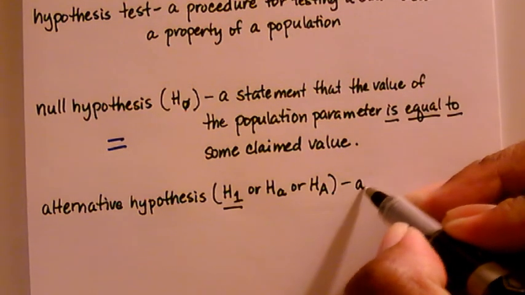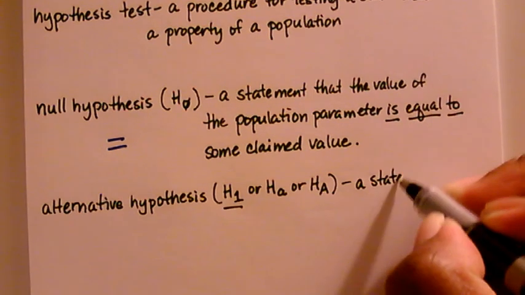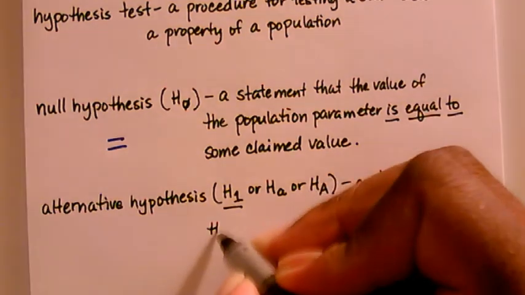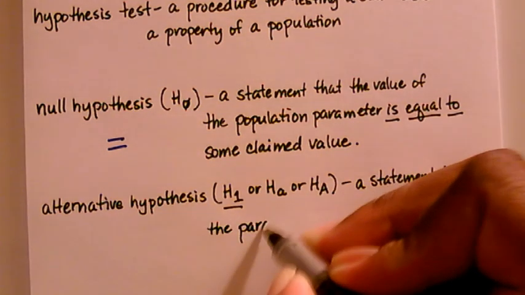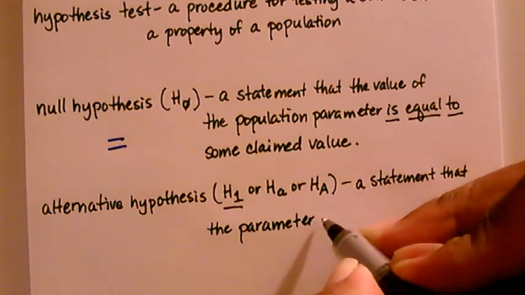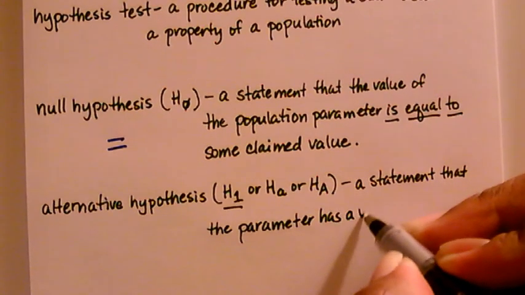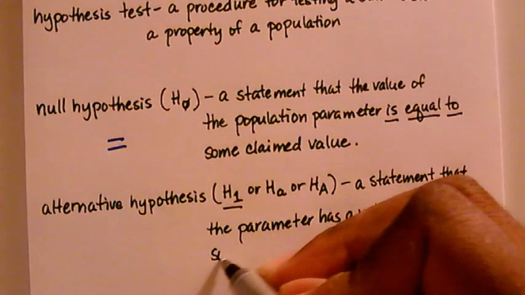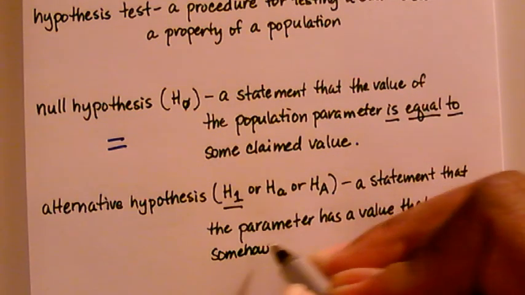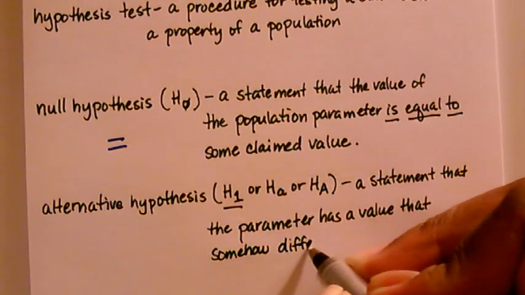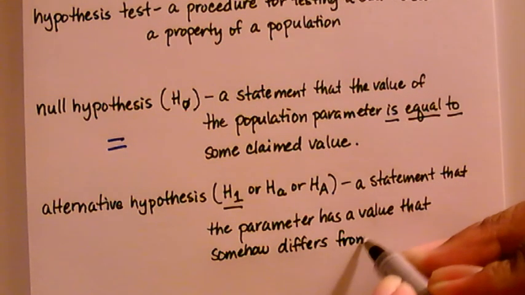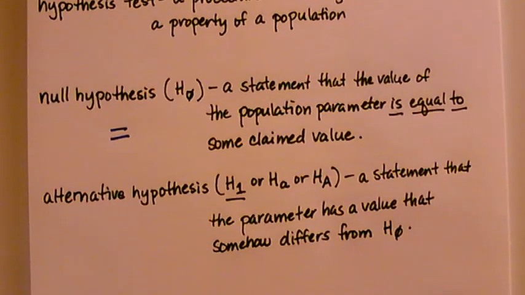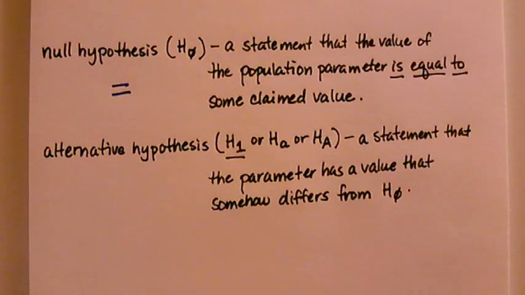And that definition is this: it is a statement that the parameter has a value that somehow differs from the null hypothesis, and I'm going to abbreviate that as H sub 0, so I won't have to write out the words null hypothesis.